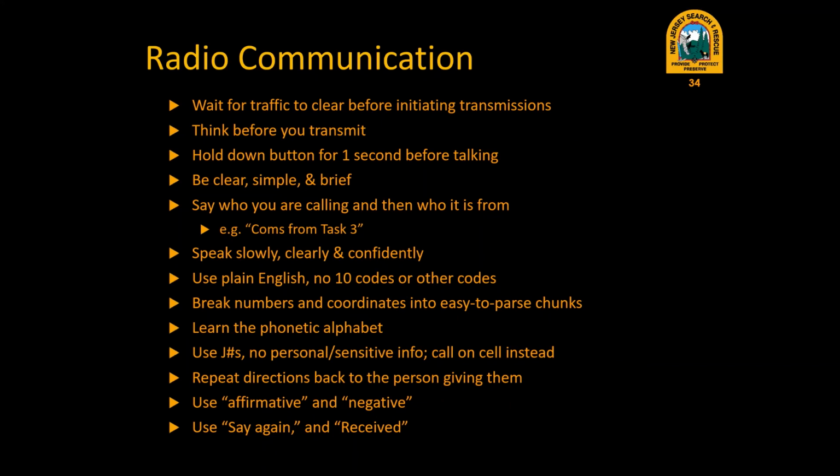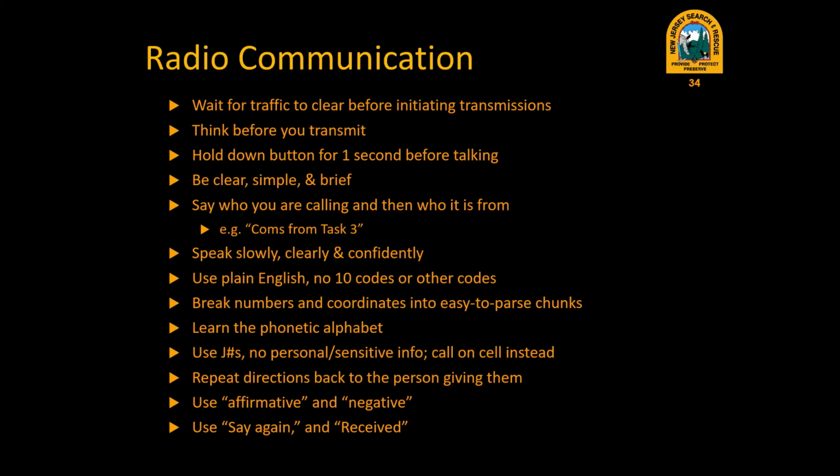In order to confirm, especially with coordinates, but with all instructions, that the person on the other side received them correctly, they should repeat it back to you. And when you are given instructions or coordinates, you should read them back and confirm that they are correct. Small words like yes and no are sometimes difficult to understand.